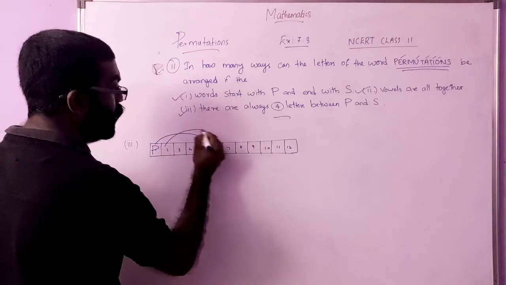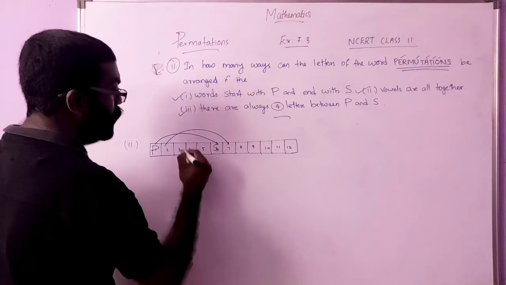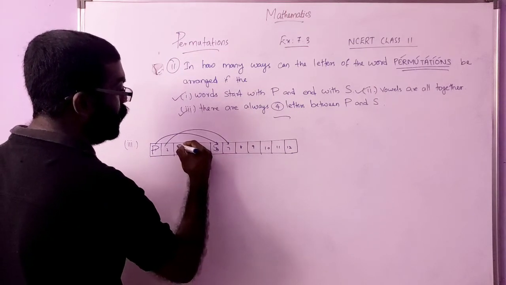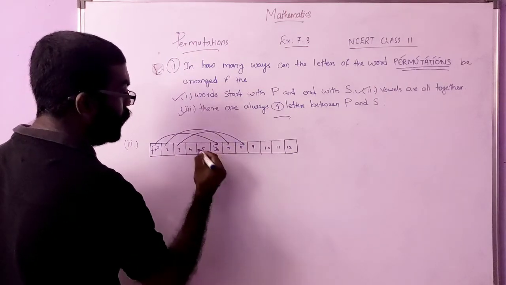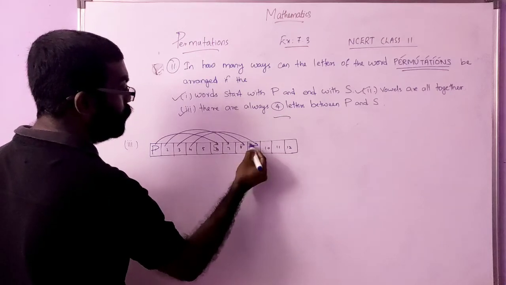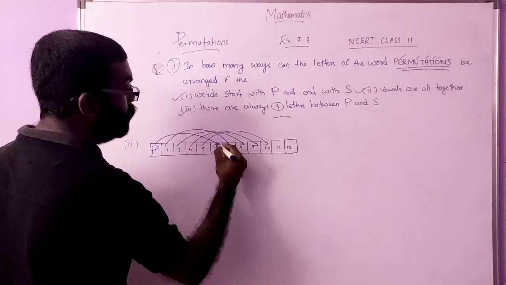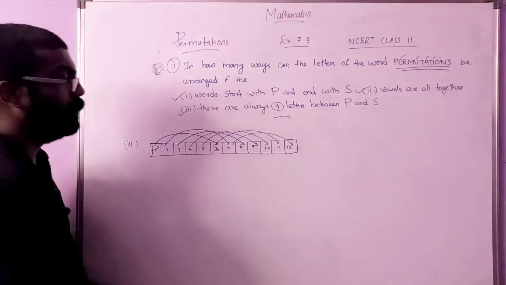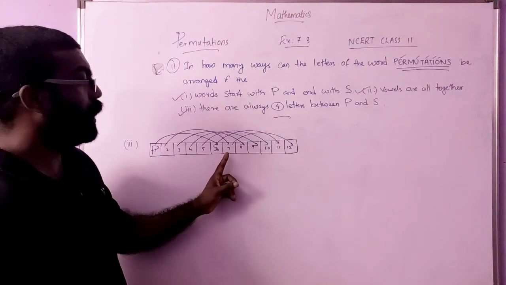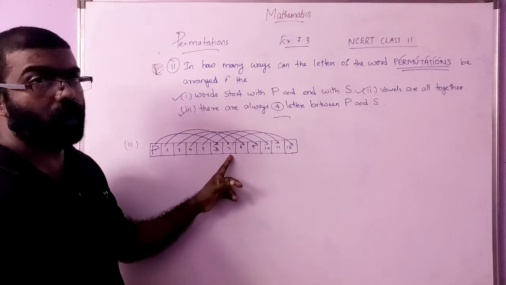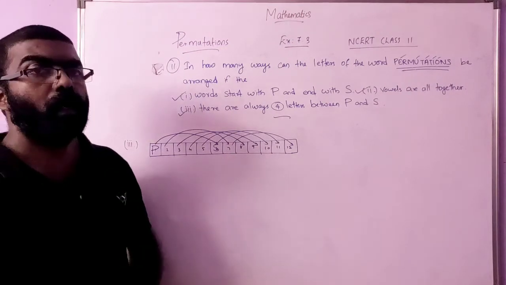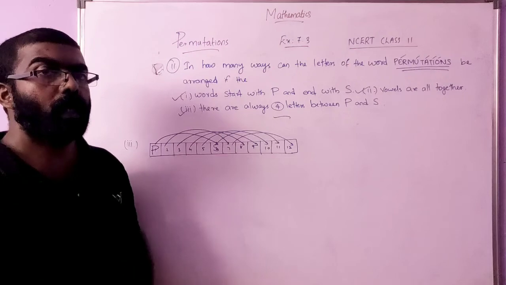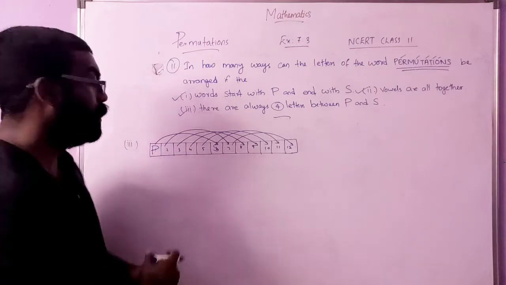So if P is on the first place, S will be on the 6th place. If P is on the 2nd place, S is on the 7th place. And if P is on the 3rd place, S is on the 8th place. And so on. So here we can find 7 places in which P and S can occupy. Similarly, we can reverse the order.